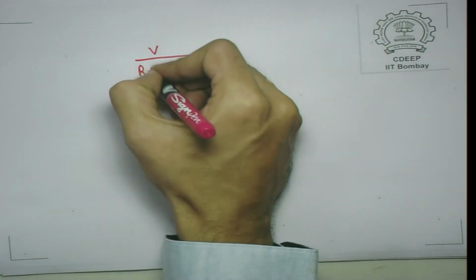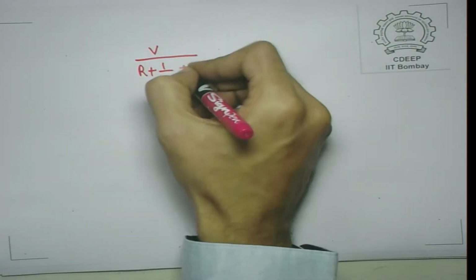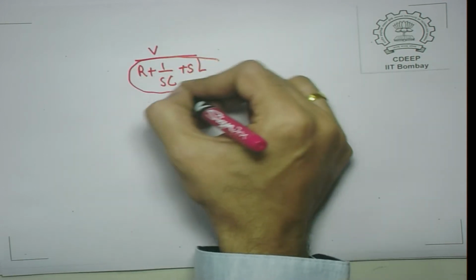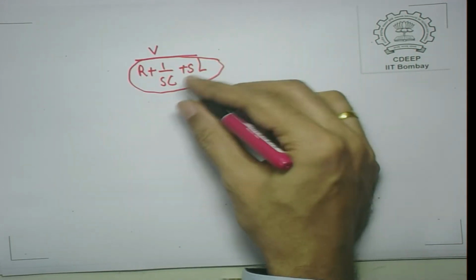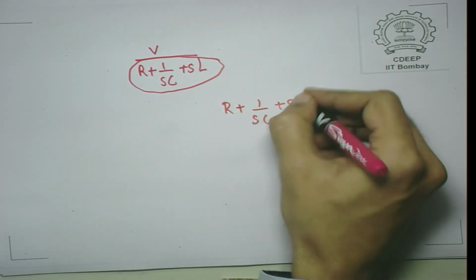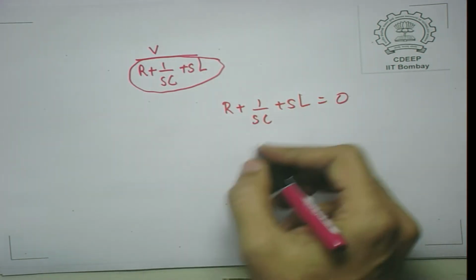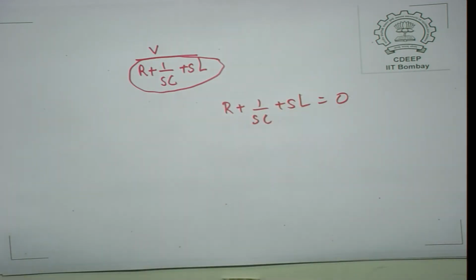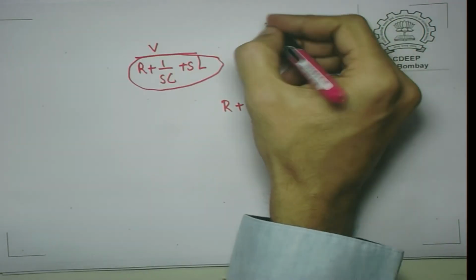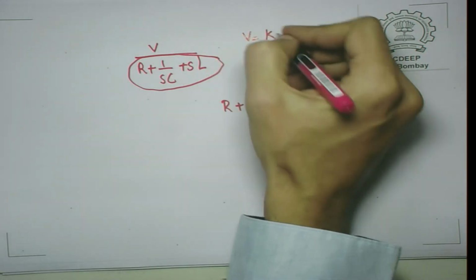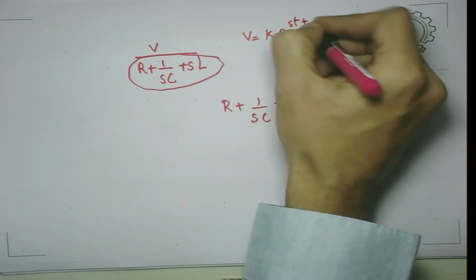We do not prove it here. You can do a rigorous solution of this circuit using the mathematical formulae related to so-called eigenvalues and eigenvectors. But the interesting thing which comes out quite easily here, which does not require all this, is that you take the denominator of this and set it equal to 0. This is also called the characteristic equation. So, what you will find is the natural response. Now, please remember that the steady state response, in case you have got an input k, that is V is equal to k e raised to st plus alpha, is in fact this.